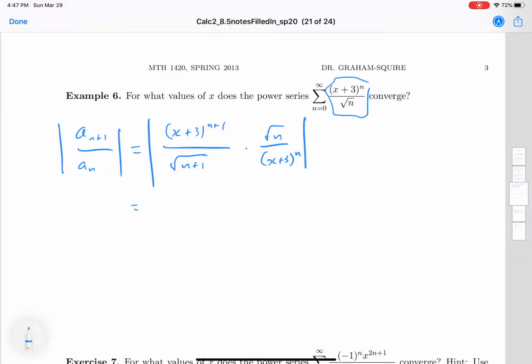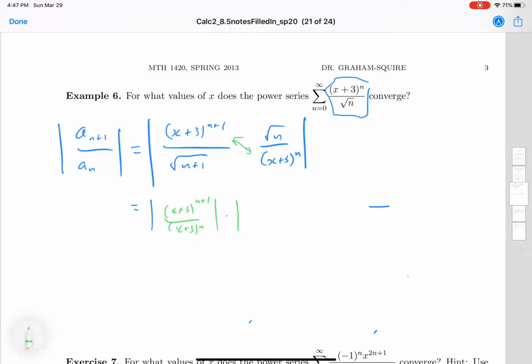And what happens? Well, I'm going to rearrange here. I'm going to get my x plus 3's to the same spot. So these two things I'll get together, and that'll end up giving me an x plus 3 to the n plus 1 divided by an x plus 3 to the n.